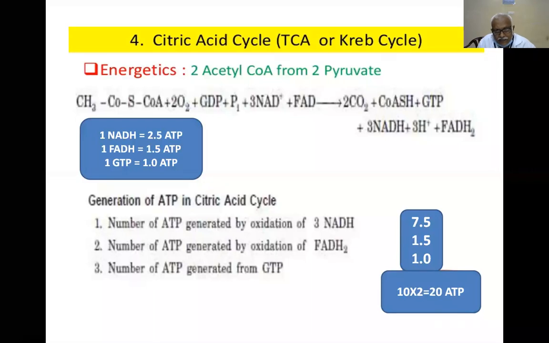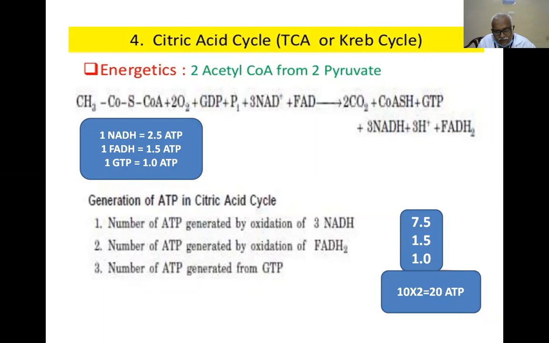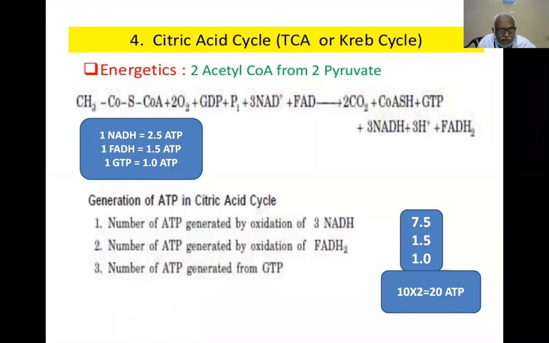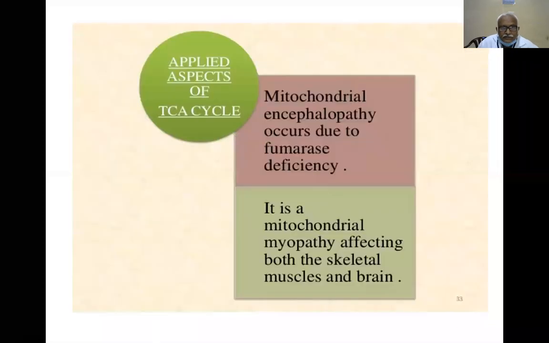So net together, 7.5 plus 1.5 plus 1, that is 10. For 2 molecules, we have 20 ATP. If you say that only 10 ATP is there, you can just apply it, no problem. But if you remember that there are 2 molecules, then you have to correct yourself and say 20 ATP.